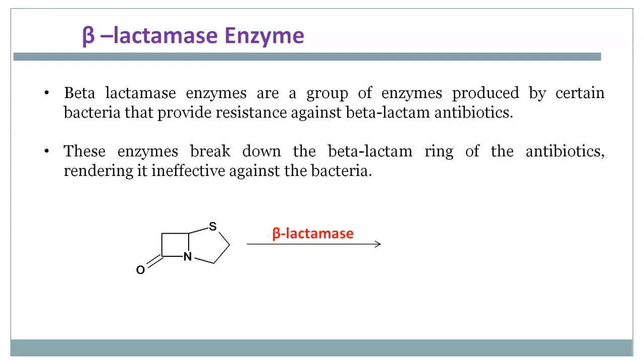So here is the beta-lactam ring, and this beta-lactamase will make the beta-lactam antibiotic ineffective by opening this beta-lactam ring, and because of this opening or breakdown of the beta-lactam ring, they become ineffective, and because of that they will produce a resistance.